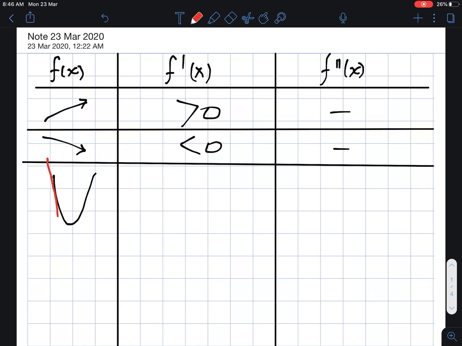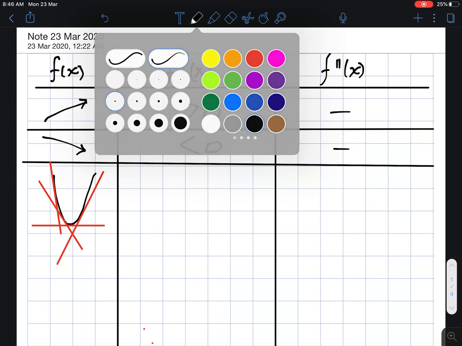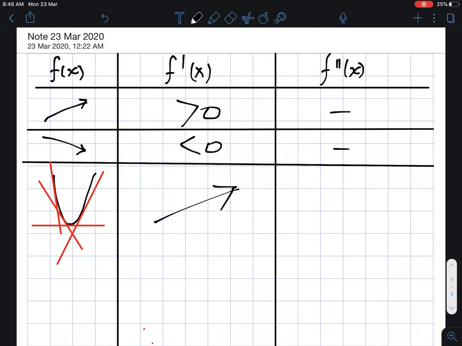So if we draw a tangent at this point, and then at this point, and at this point, and then at that point, what you notice about the tangents is that the first tangent I drew has a very negative slope, became less negative, became zero, became positive. Conclusion: the slope is increasing.